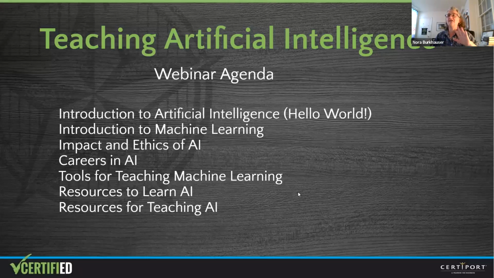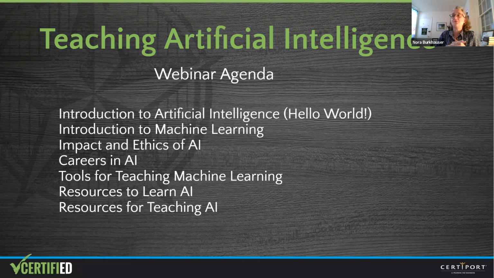Here's a quick outline of the things I'm going to go over today. In a way, I'll demo just a tiny little peek of some of the lessons that I've done in regards to artificial intelligence and machine learning. So it's an introduction that uses these examples, as well as a little bit of information about what AI is and what machine learning is, and some of the vocabulary. So it's a mix of that.